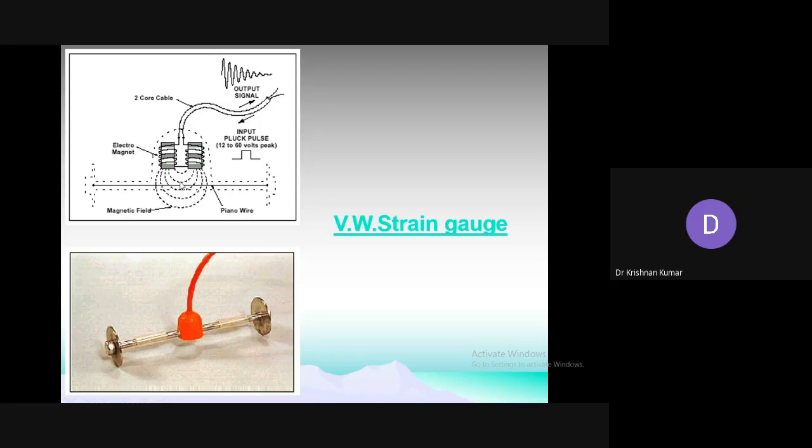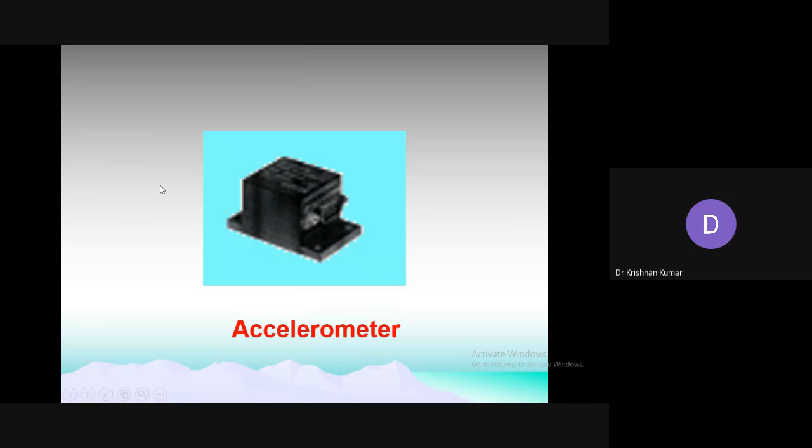Wire oscillation can be measured by induction. So in terms of pulses we are getting, the pulses can be converted into strain. That is the general mechanism in the vibrating wire strain gauge.